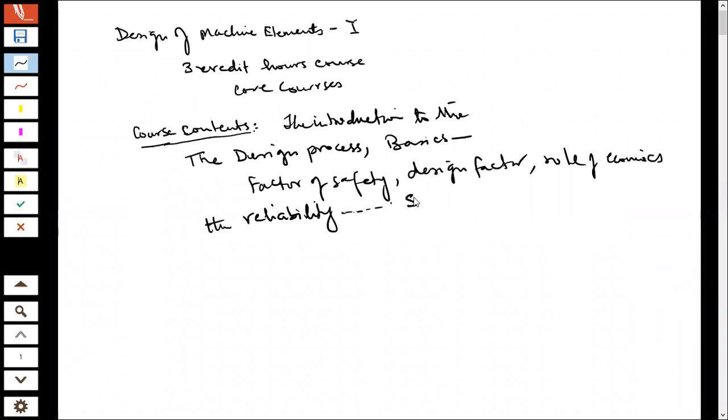We will also talk about standards and codes.